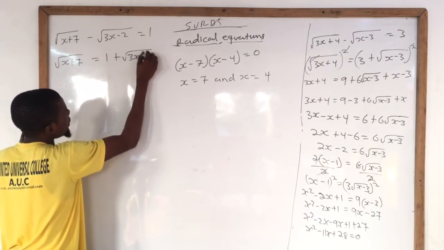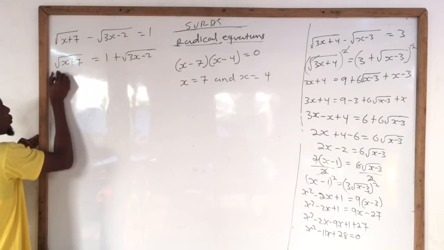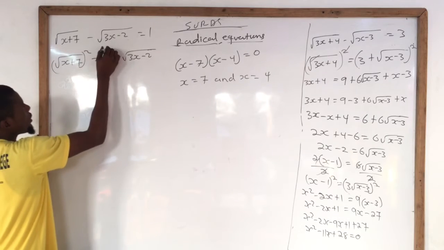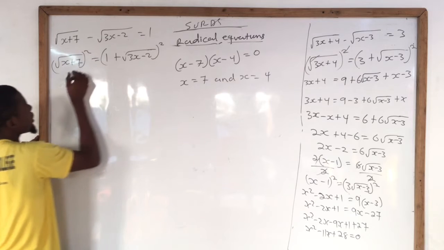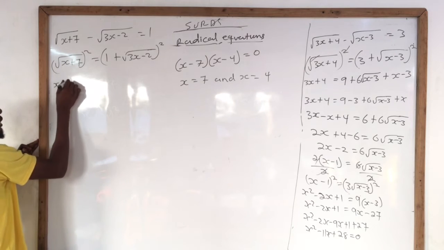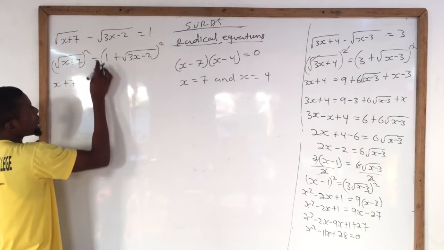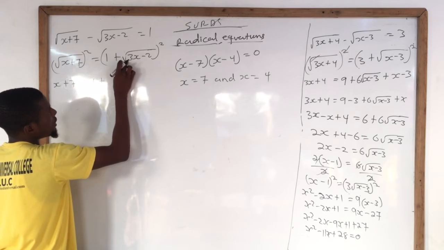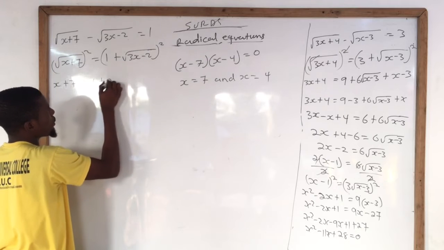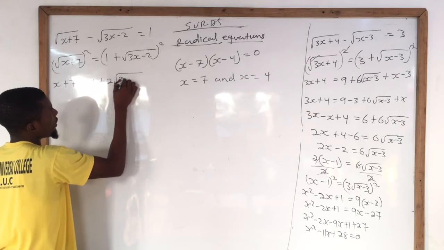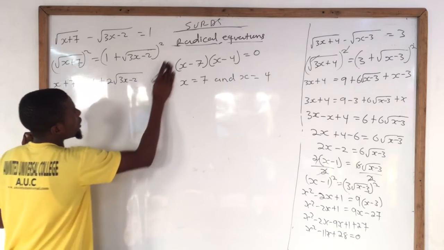So 3x minus 2. If I square here and then square there, I'm going to get x plus 7 equals 1 squared is 1 plus 1 times this is the same thing. Multiplying 2 will give me 2 root of 3x minus 2.